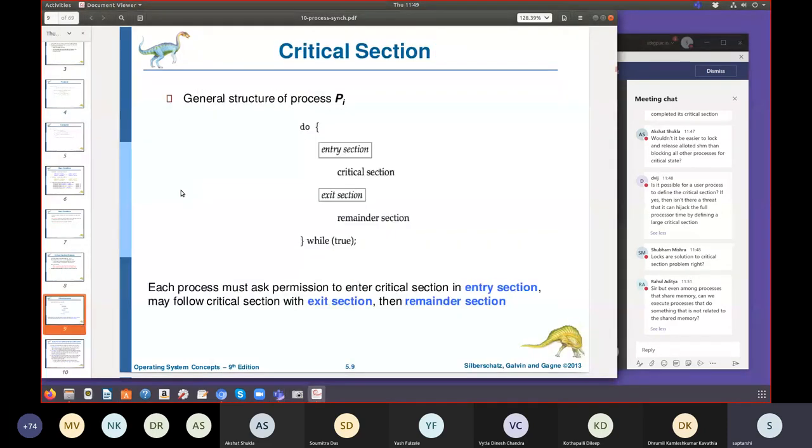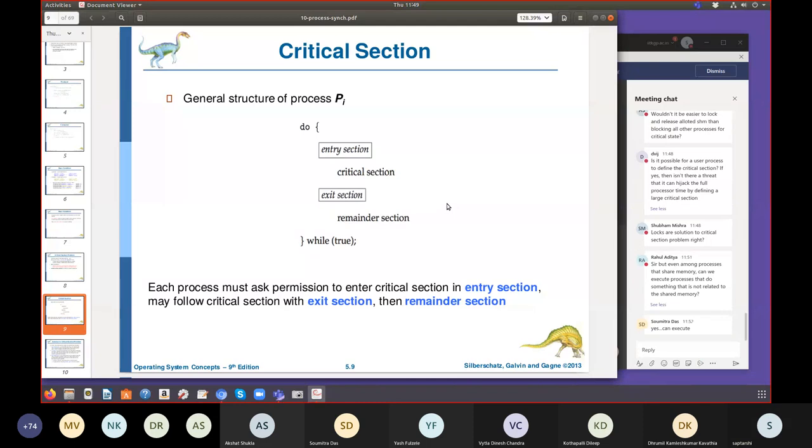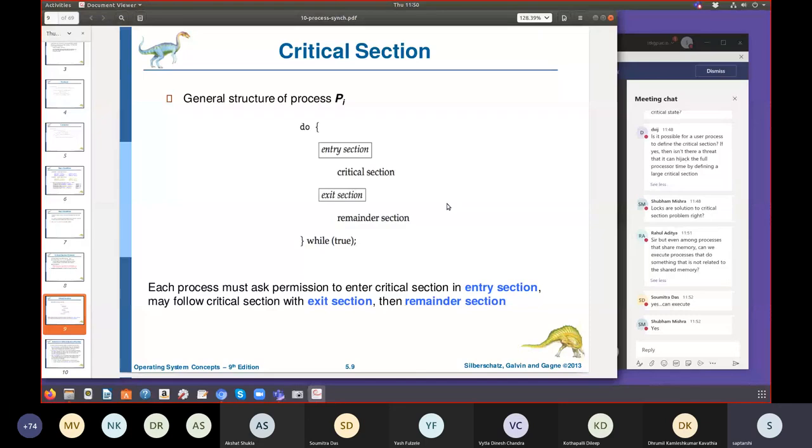Say there are n processes sharing a particular memory, and one process is executing in the critical section. Can the other processes do something that is not related to the shared memory? What do the others think? Okay, most of you feel yes, which is good.